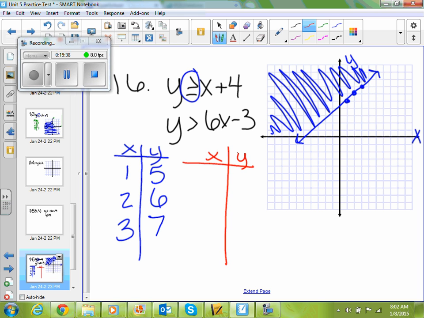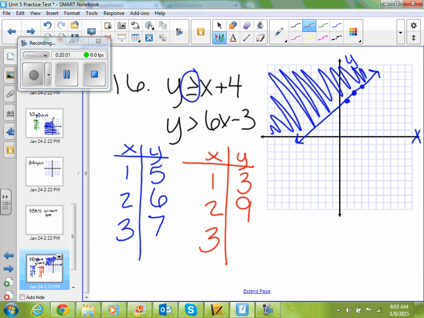Okay, so I look at my second graph and make the same table of values. I plug in 1 for x. 6 times 1 is 6, and 6 minus 3 is 3. If I plug in 2 for x, 6 times 2 is 12, and 12 minus 3 is 9.